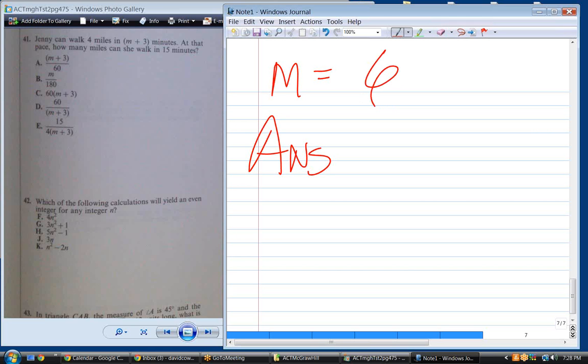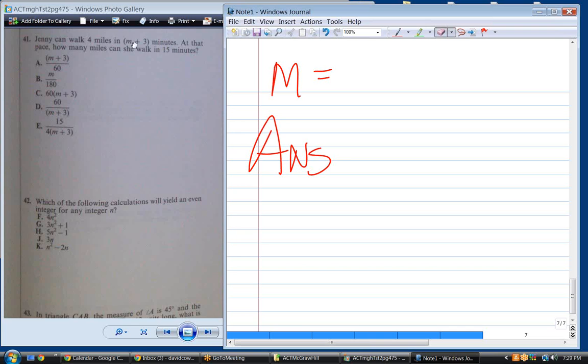In other words, she can walk 4 miles in 9 minutes. But now I can't immediately figure out in my head how many miles she'd be able to walk in 15 minutes. So you don't want to just pick any random numbers when you're picking numbers. Pick clever numbers. The cleverest number was 12, because now I know the answer to that.